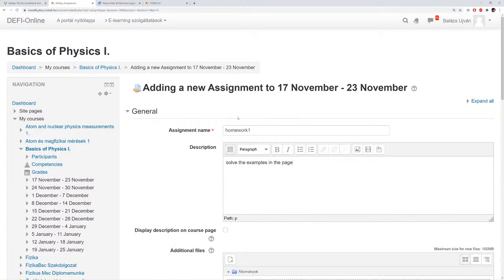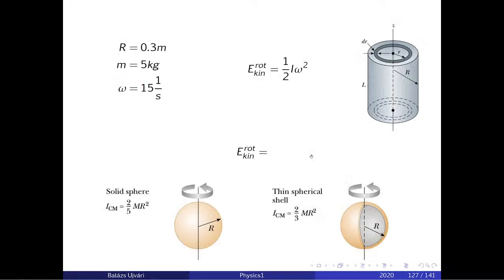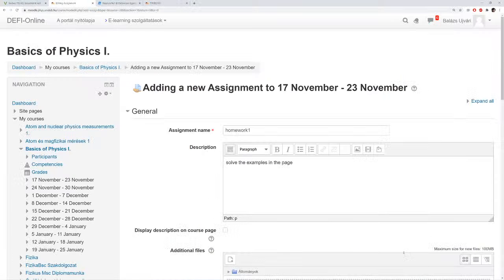Let me see where we were. 127. Create a doc of how you solved it and upload.